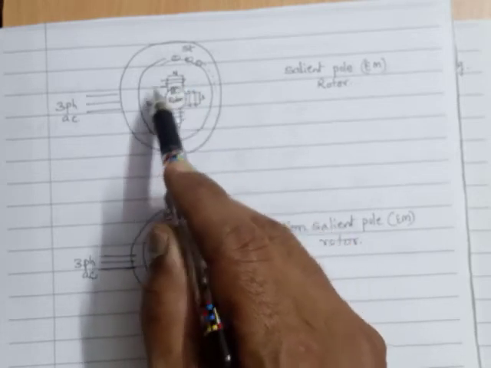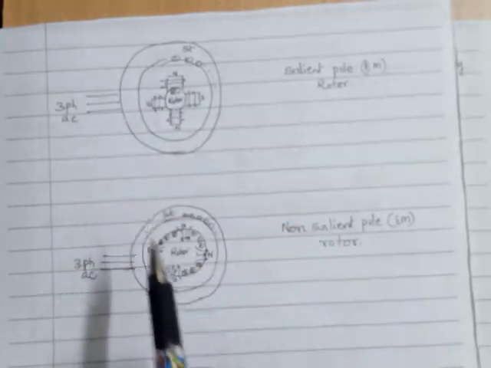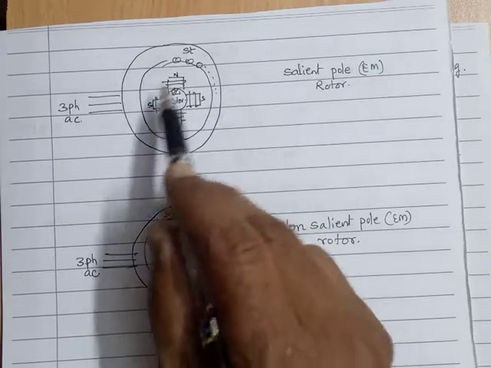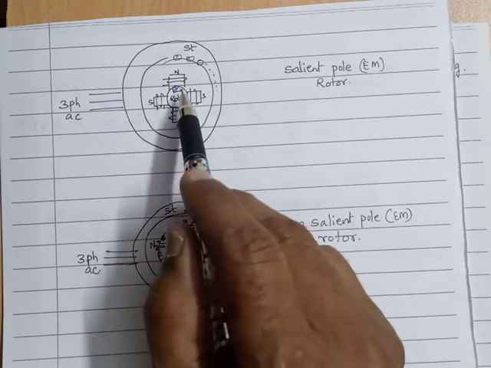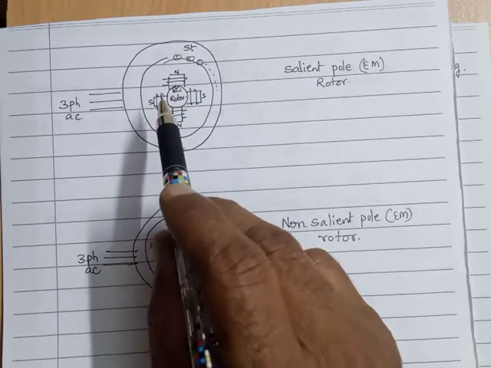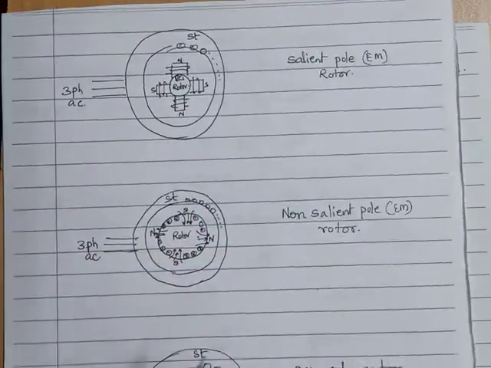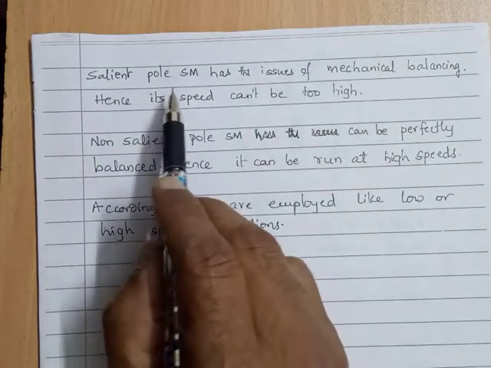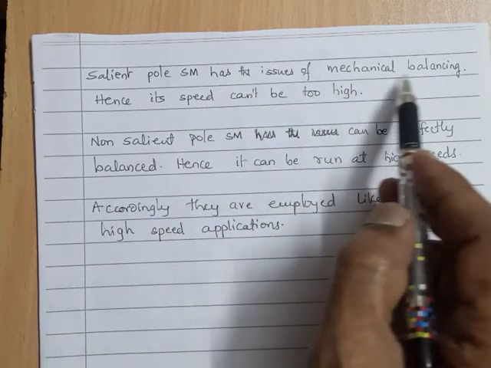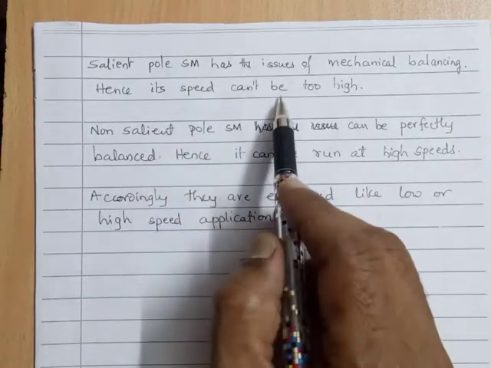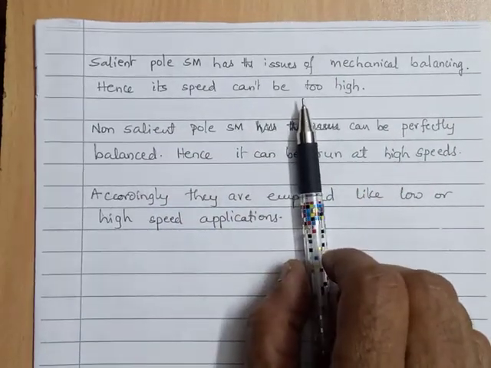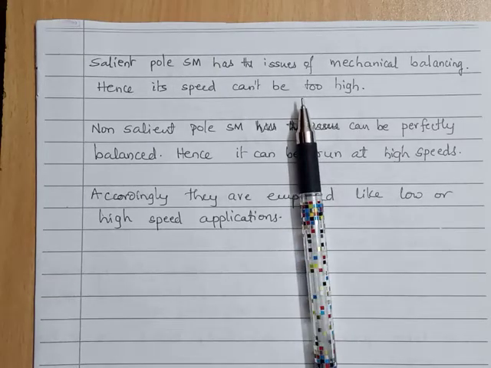And the balancing of these protruding parts is very difficult. That is actually a mechanical challenge, a machining challenge. When the parts are protruding, balancing them is a challenge. So perfect balancing is always a question. So the salient pole synchronous motor has the problem of mechanical balancing, it cannot be very perfect. Hence, its speed cannot be too high, because if we make the speed very high with the balancing not perfect, then the wobbling of the shaft will take place.